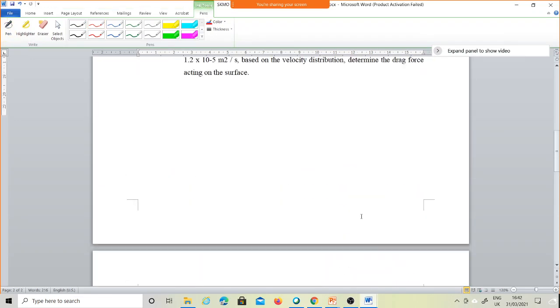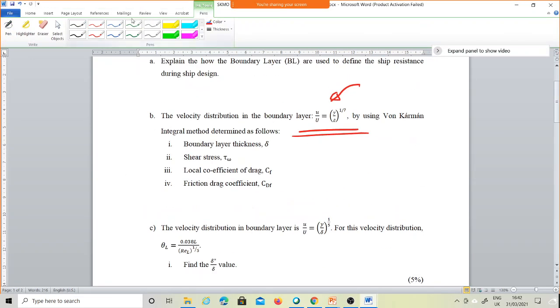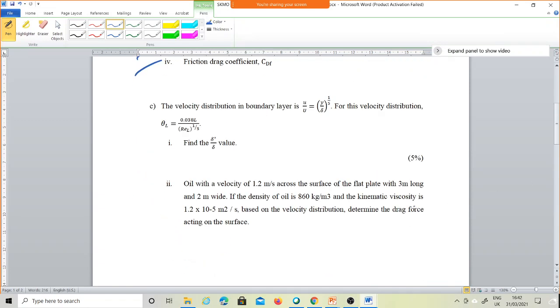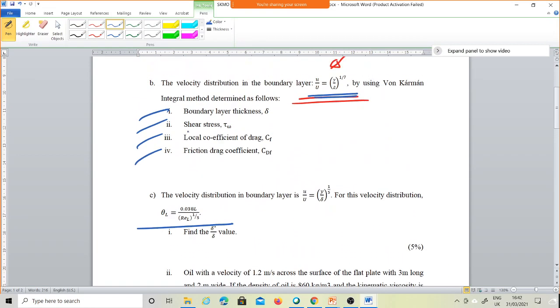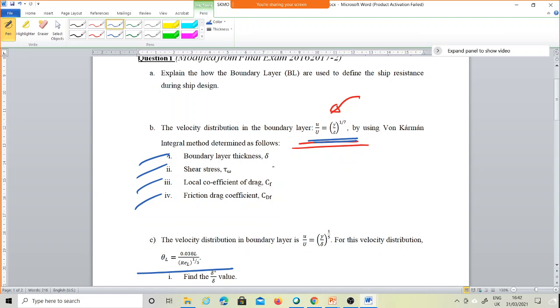Okay, any more problems? No. So basically, make sure you can calculate these kinds of things. Sometimes it asks you to calculate the drag force, and then you use the same formula. This one probably will be given to you. This is an easy one. The boundary layer thickness is also easy.